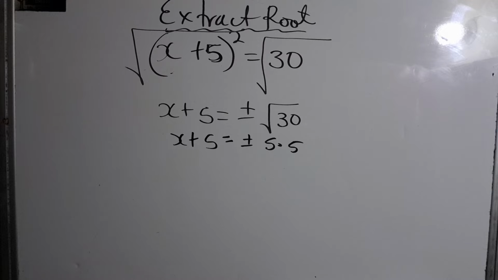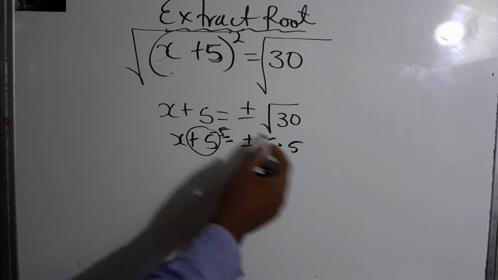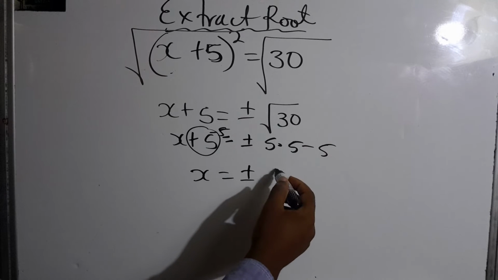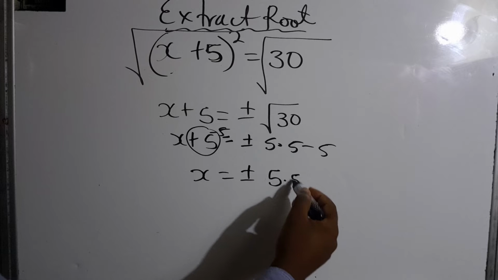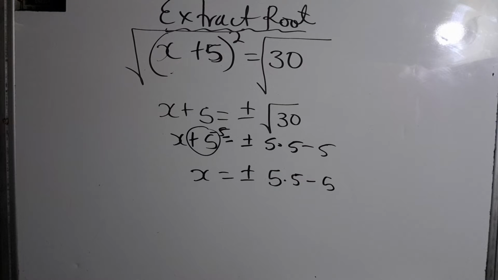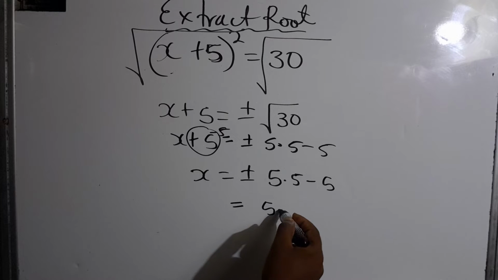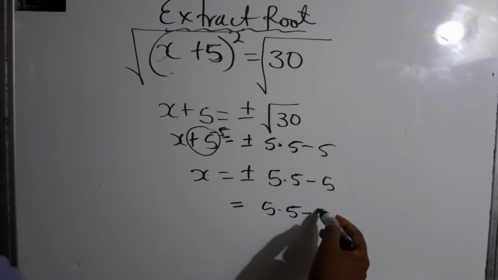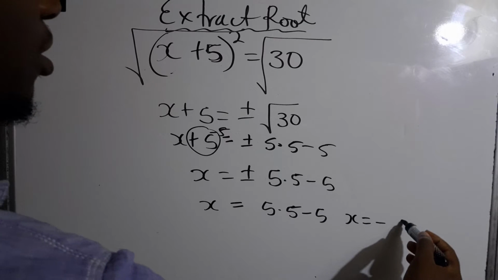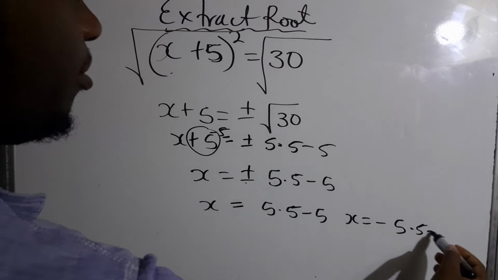Alright, let's solve for x now. We're going to subtract 5 from both sides, which is the opposite of this. So we have plus or minus 5.5 minus 5. We are supposed to get two solutions. First we take the positive, which is 5.5 minus 5, and then the negative, which is negative 5.5 minus 5.